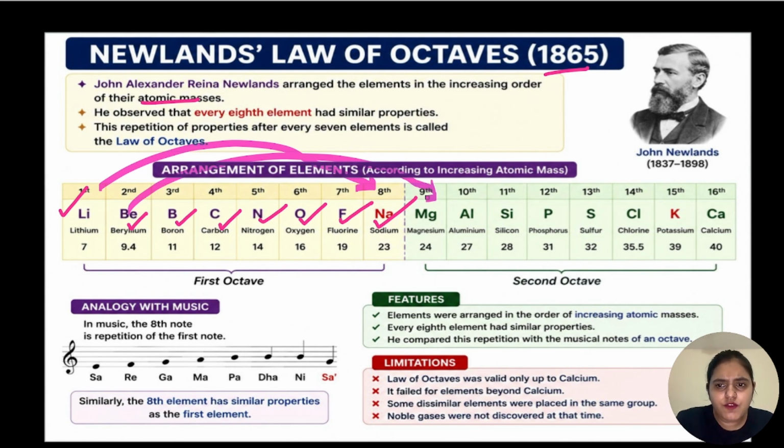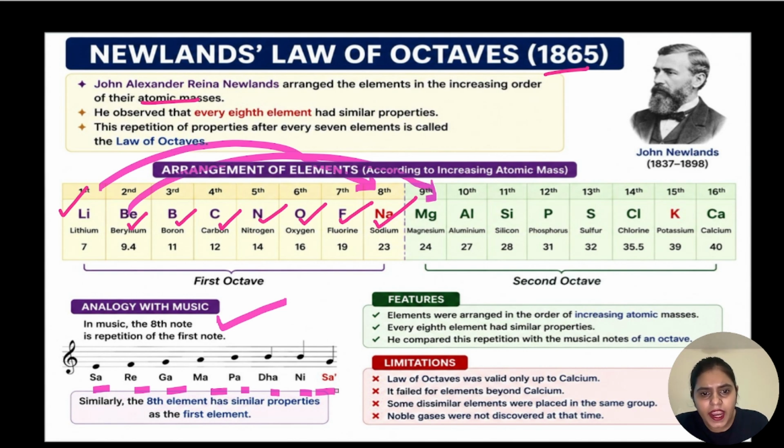Now you might wonder why it is called the law of octaves. The answer comes from music. Okay, so in music, the 8th note is a repetition of the first note. We have the notes, right? Sa, re, ga, ma, pa, dha, ni, sa.